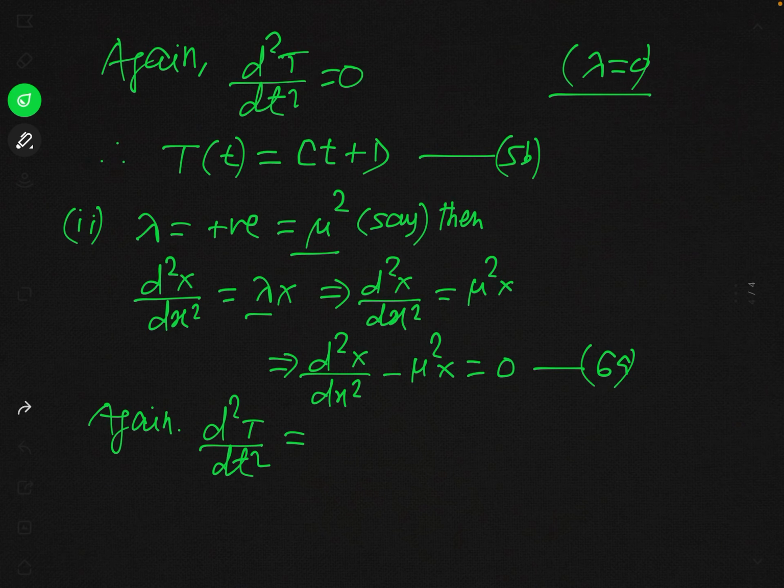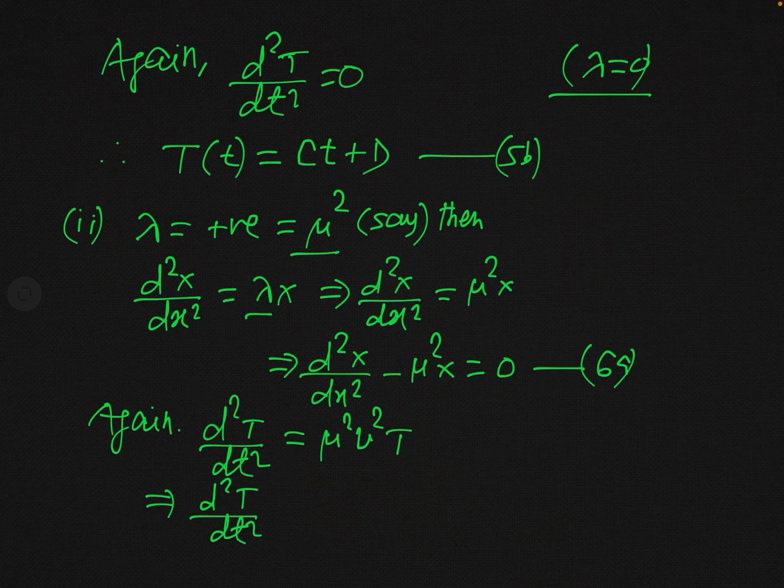So this will be equal to mu square v square into t, and equivalently you may write it as d2t by dt square minus mu square v square t equal to 0, and say this is equation 6b.